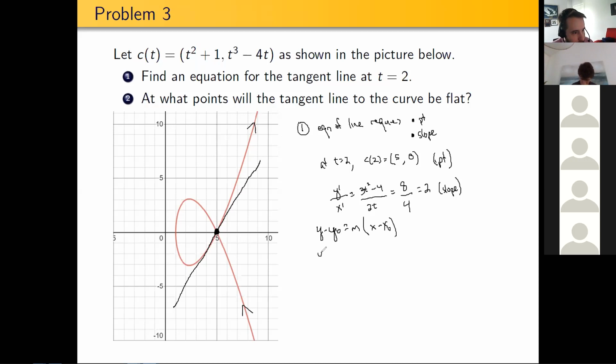So what did that become? That became y minus 0, so just y equals 2 times (x minus 5), or y equals 2x minus 10, which, if you look at my picture, was okay, not great. Should have ended up down here. But yeah, that would be our tangent line in this case.